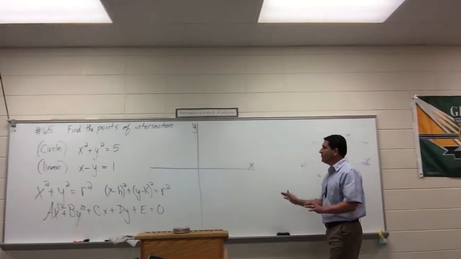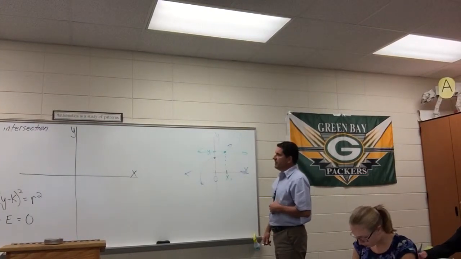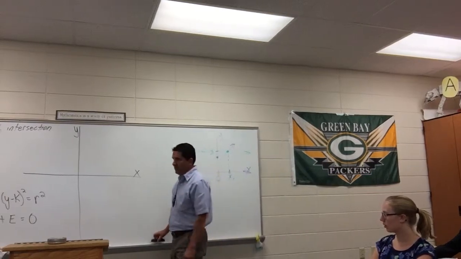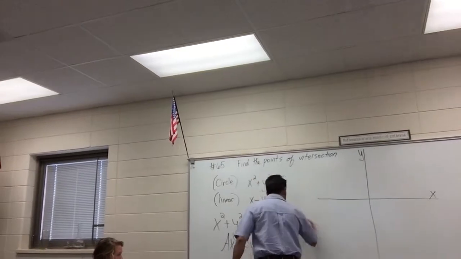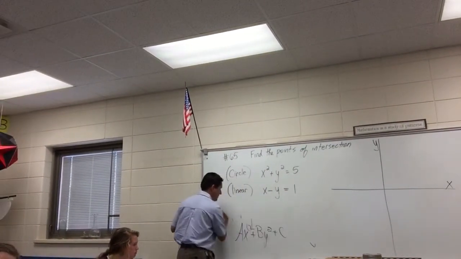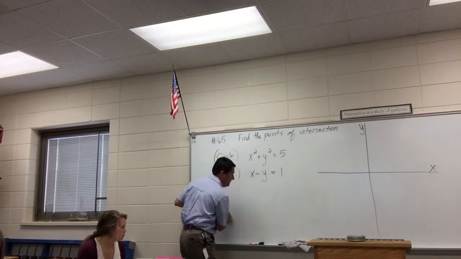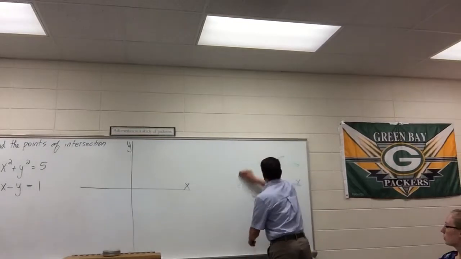Okay, so what we have here is a circle and a line, and so I want to know, first of all, how many different possible answers can there be? 2 answers? Is that the only option? One answer?